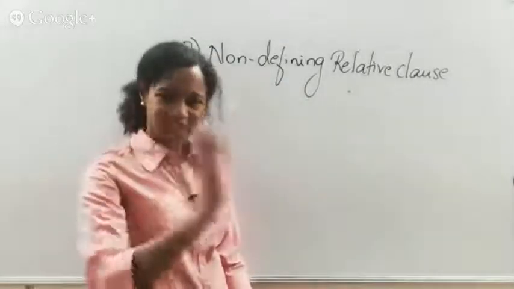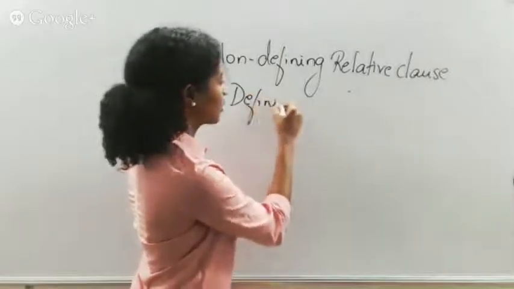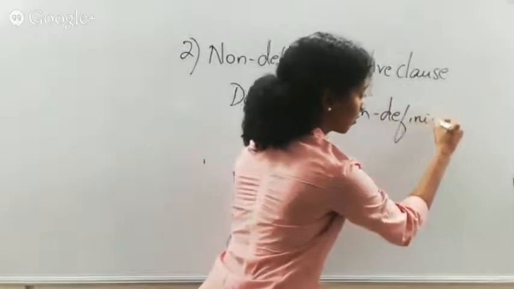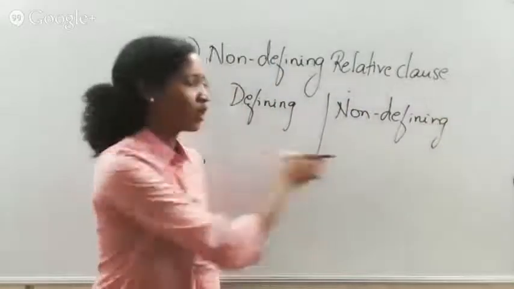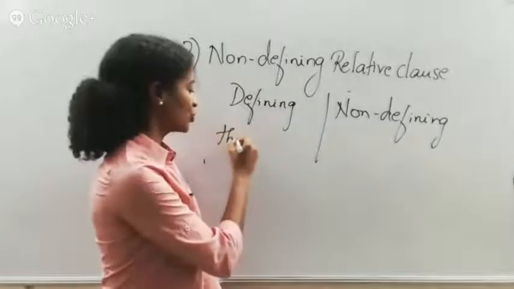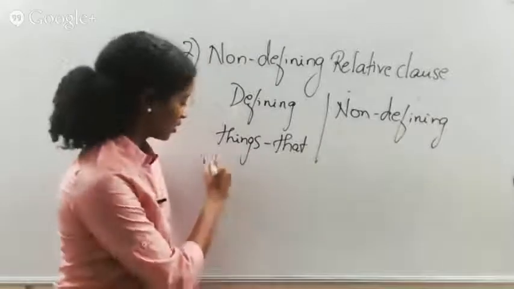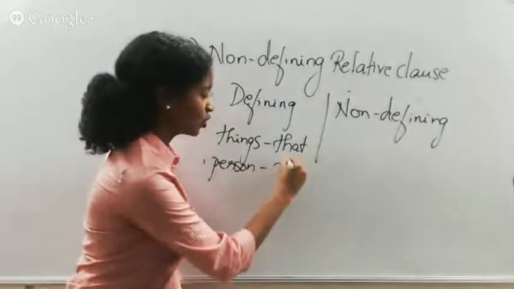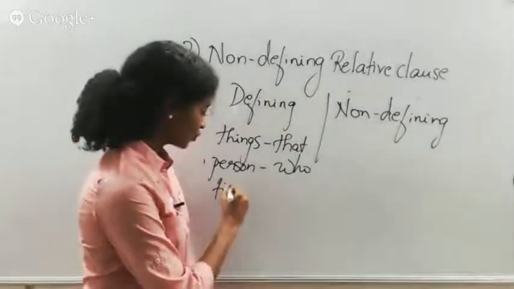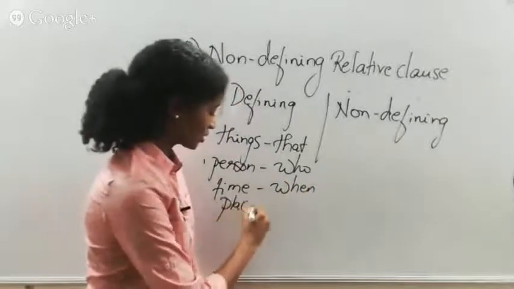Now, just to give you a difference, let's say defining and non-defining, which means restrictive or non-restrictive. So I said for defining, ideally for things, you use that. For people, person, you use who. For anything relating to units of time, you use when. For place, you use where.